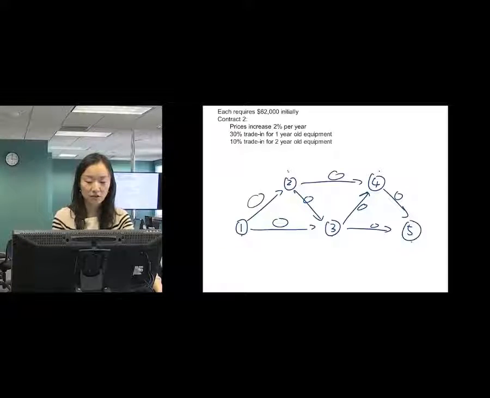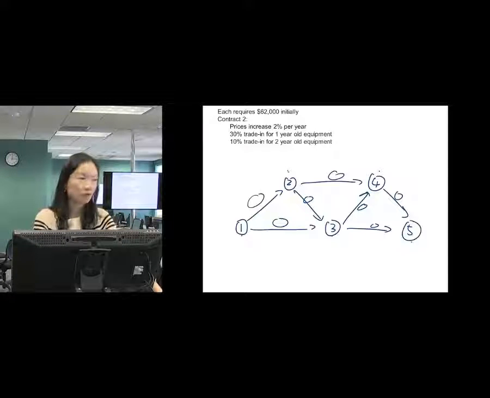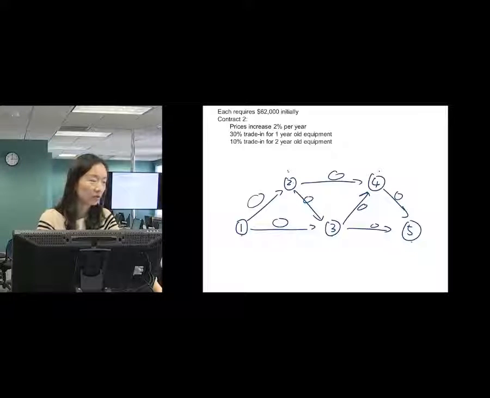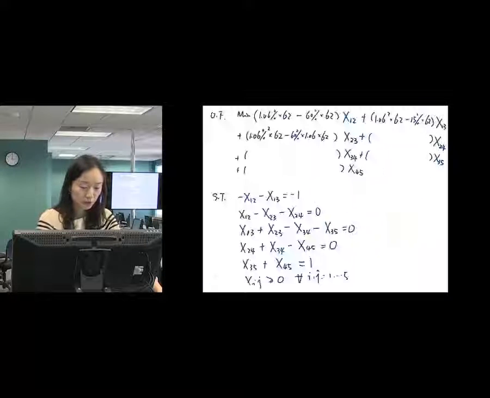So this is a problem that we transformed into a network problem. To start, we looked at the possible ways to go under each contract, and we used the numbers 1, 2, 3, 4, 5 representing the beginning of the year. Analyzing it this way helps us build a really simple model.